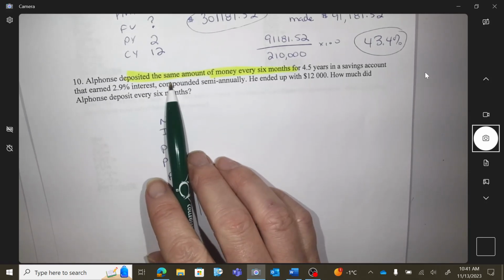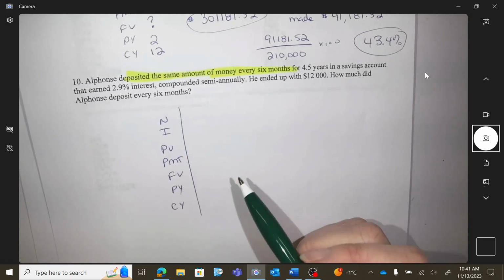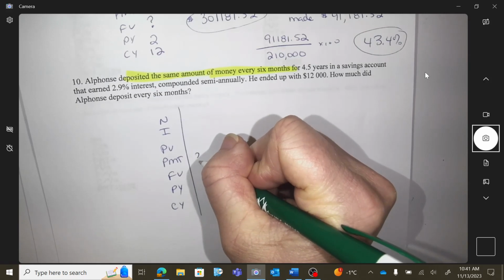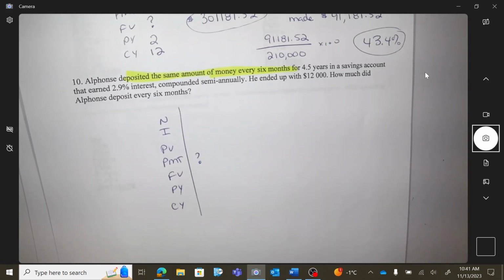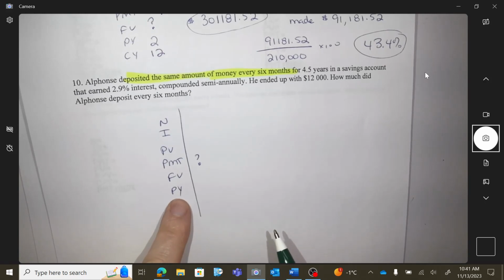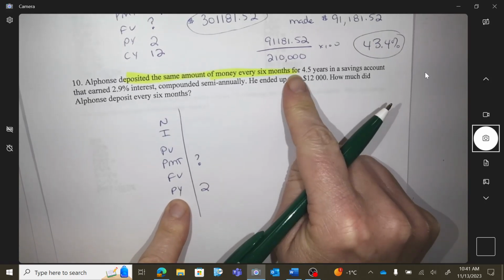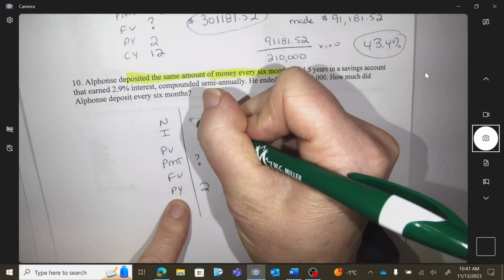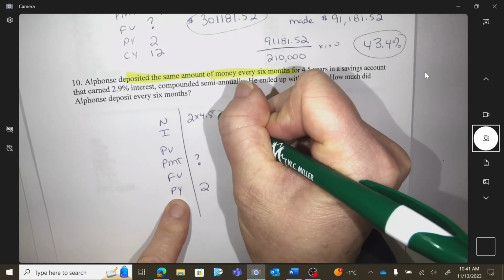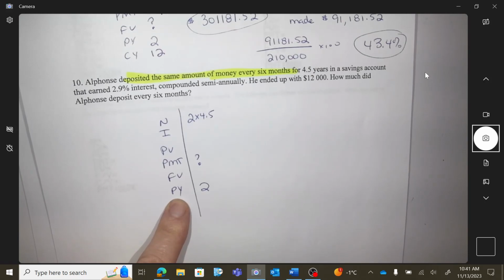So he's depositing the same amount of money, so it looks like the payment is the thing I don't know. Every 6 months, so how many times per year? Twice a year. Twice a year for 4.5 years, or 9 times.